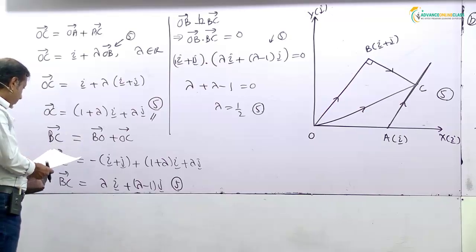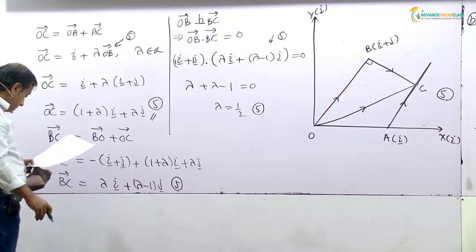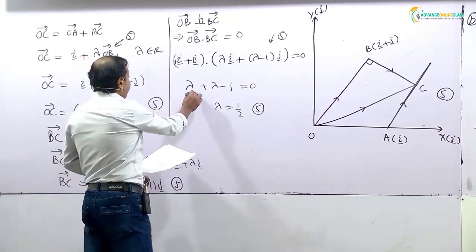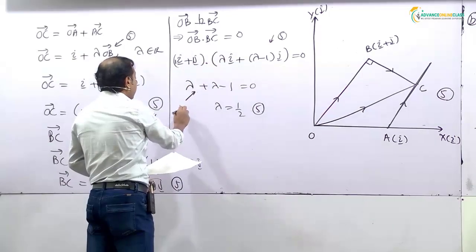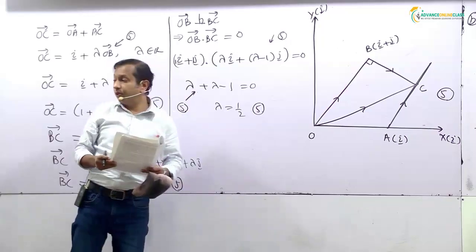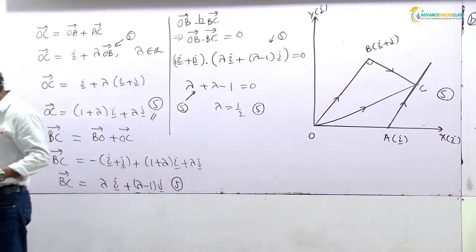BC. Another 5 marks coming for taking this answer, the final answer, 5 marks. 35 for that. Then for the whole question, 100.